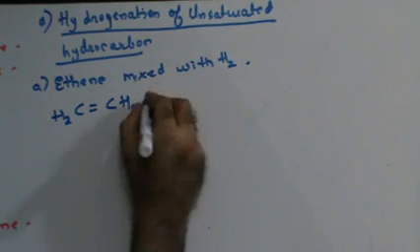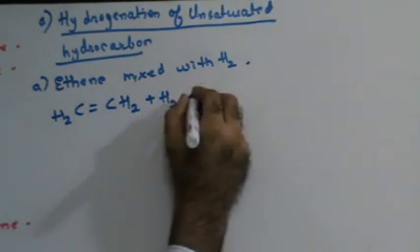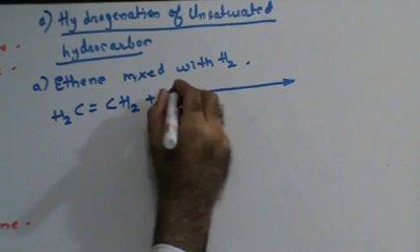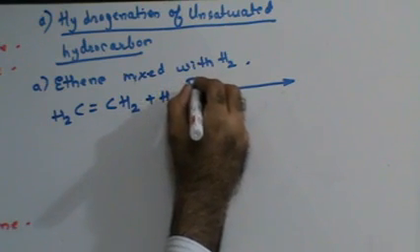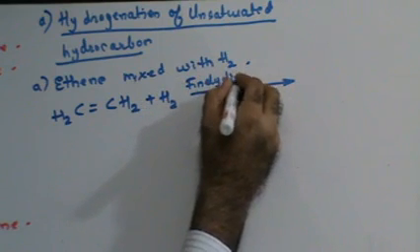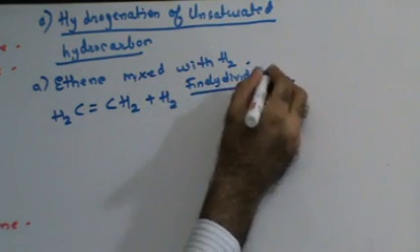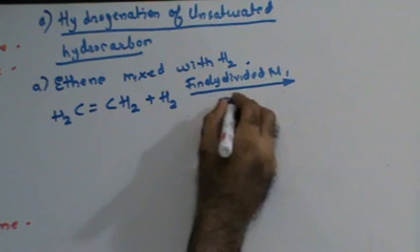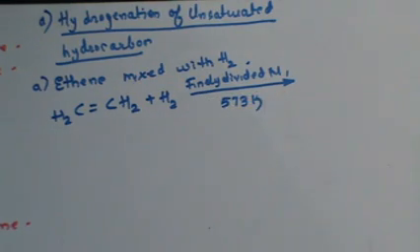Ethene reacts with hydrogen gas in the presence of finely divided nickel as catalyst at 573 Kelvin. You have an addition reaction taking place. What is an addition reaction? When 2 or more reactants combine to give you a single product.